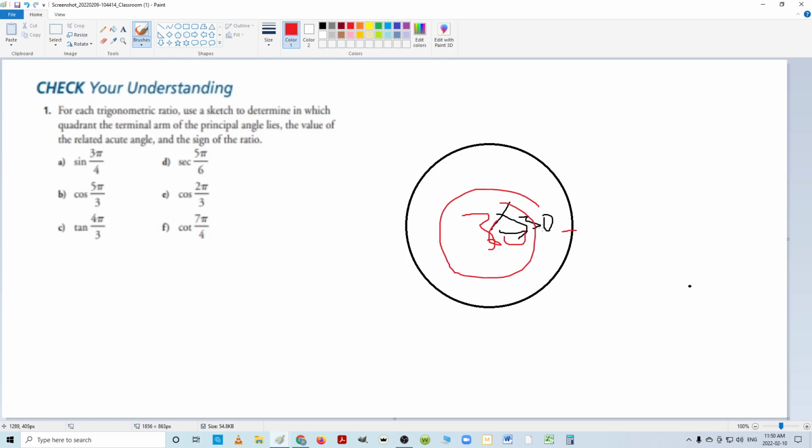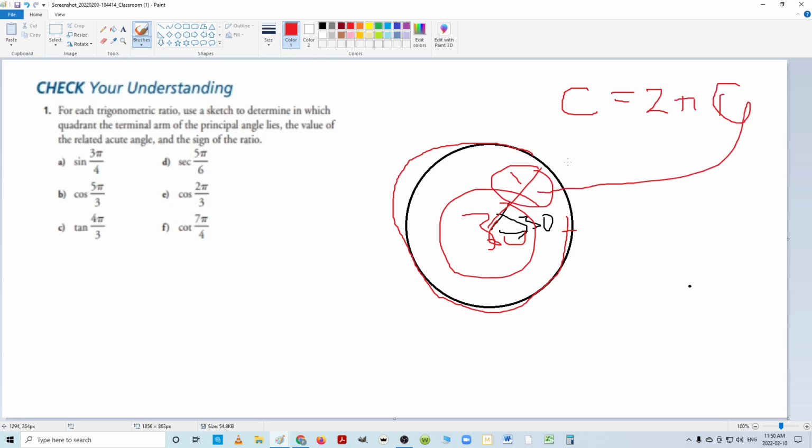How much for a unit circle, which has a radius of 1, is the distance around the circle? Well, we know the formula for circumference of the circle is 2 times pi times r. But in this case, we're working with the unit circle just to make things clearer, and r is 1. So we can just ignore r, which means the total distance around a unit circle is 2 pi.